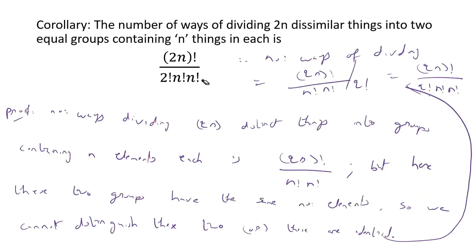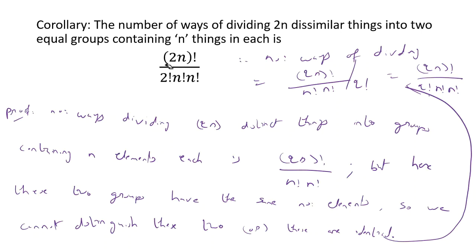So I have 2n distinct objects. I have to distribute these 2n distinct objects among 2 people. First, I have to divide these 2n distinct objects into 2 groups.